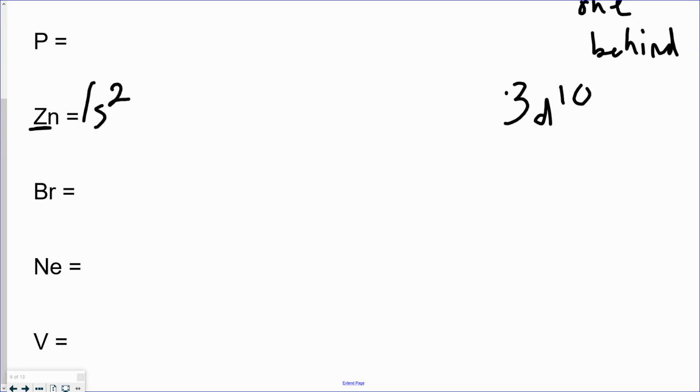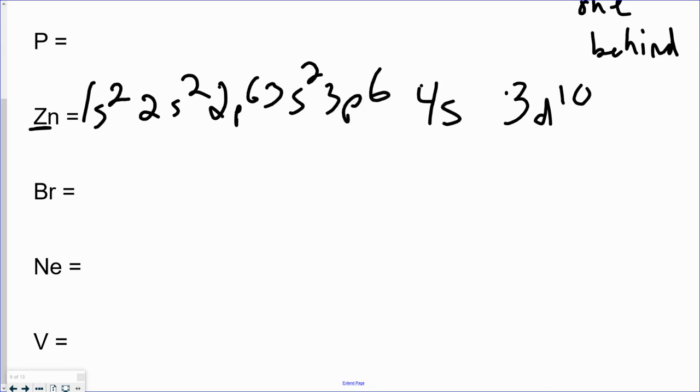It's 1s2, 2s2, 2p6, 3s2, 3p6, 4s2. Notice how 4s is in front of 3d. Okay, 3d is one energy level behind. Now, that's the intermediate version of electron configuration.